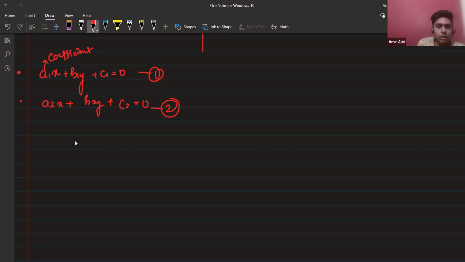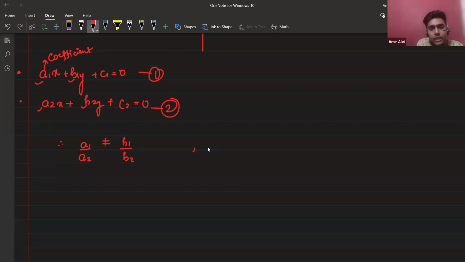The first thing is basically A1 by A2. So this is the first case, which means that if these two coefficients are taken in ratio and these two coefficients are taken in ratio, and they are not equal, then only one solution is present.